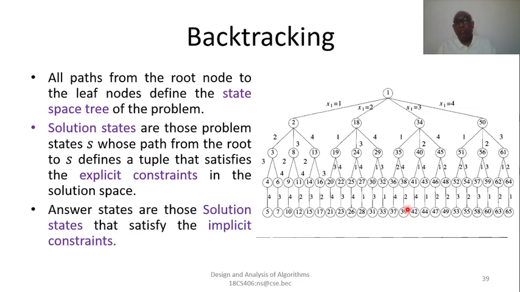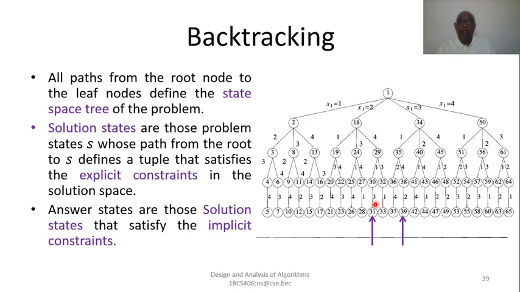Now, answer states are those solution states that satisfy the implicit constraints. What are the implicit constraints in the four queen problem? In the four queen problem, or for that matter in the n queen problem, the implicit constraint says that no two queens should attack each other. We find that node number 31 satisfies the explicit constraints because it gives values for x1, x2, x3, x4, and also satisfies the implicit constraints, a solution which we found previously.